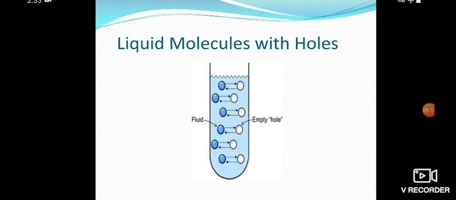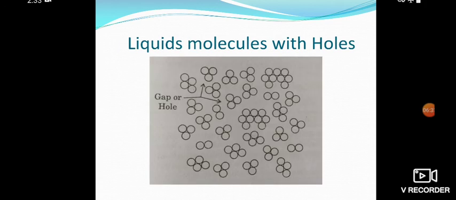The blue dots in the test tube show fluid, while empty dots show holes present in liquid. In this slide, it is clear that liquid molecules are always present with holes. The arrow shows a gap or hole present between liquid molecules, while this small sphere shows liquid molecules.